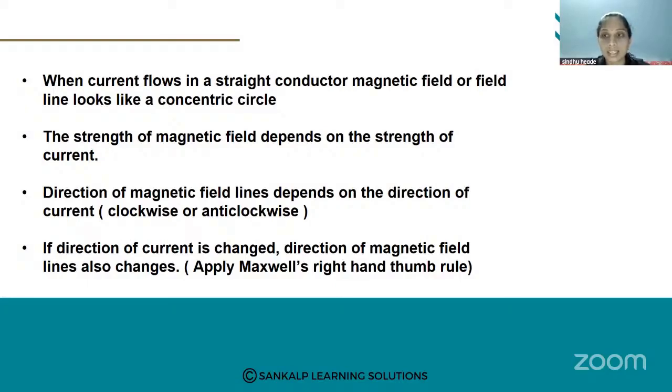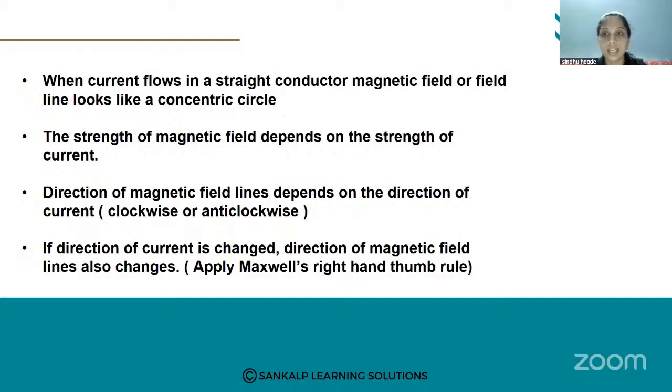When the current increases in the circuit, the magnetic field strength also increases, right? This is our second main concept which we learned in our last class, related to current flowing through a straight conductor.